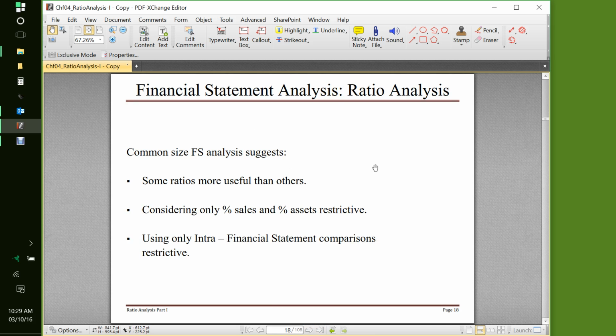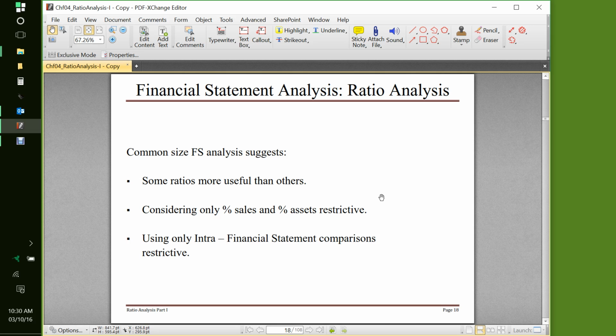One reason I'm not going to get into that is that we can do so much better in financial statement analysis by doing what we call ratio analysis. With common size financial statements, clearly there's a lot of noise going on. Some ratios are going to be more useful than others. A lot of ratios are not going to be very helpful.